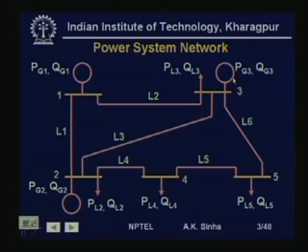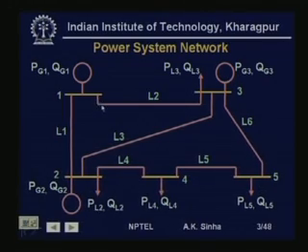Some of these nodes have loads on them, like node 2, node 3, node 4, and node 5. The loads are complex loads. So, for example, node 5 has a load PL5, QL5, where PL5 is the real power demand and QL5 is the reactive power demand.